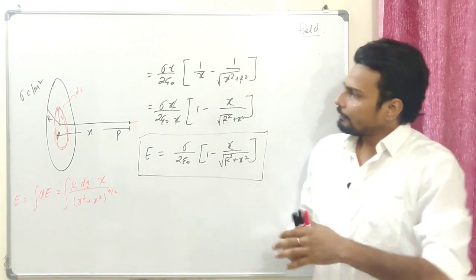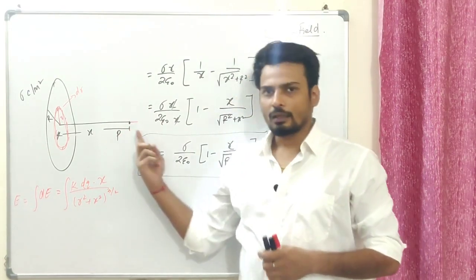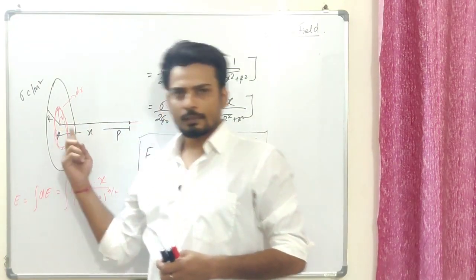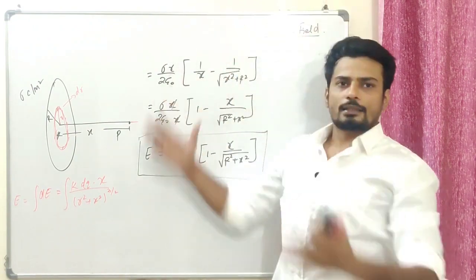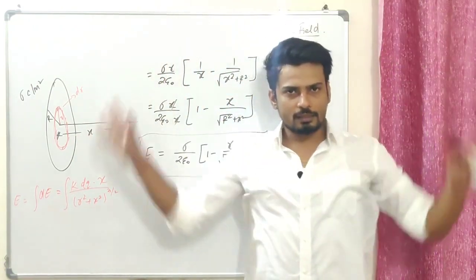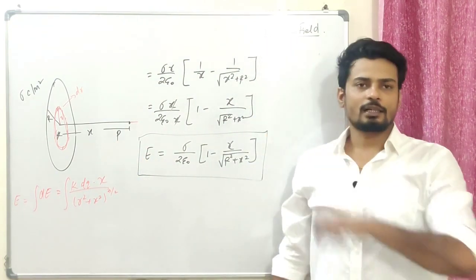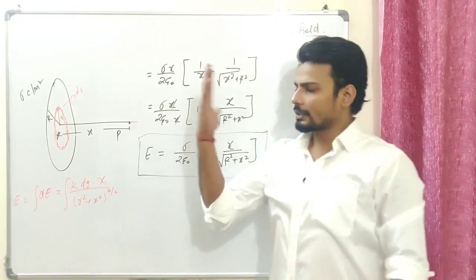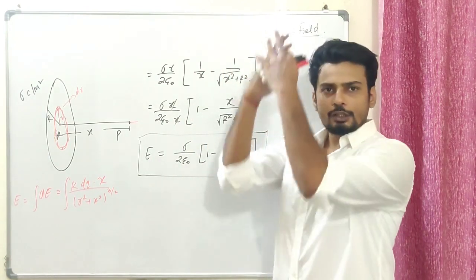If you're standing here, or I'm standing at this particular point P, and I come really close to this disk, I would find the disk to be really infinite, isn't it? So this could be seen as an infinite sheet of charge. Agree or not? If this disk comes really close to me, this will appear to me as an infinite sheet.